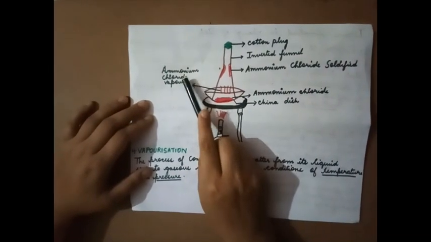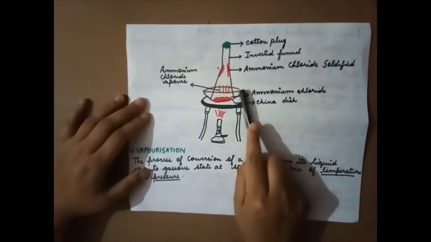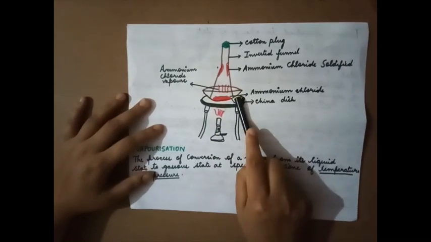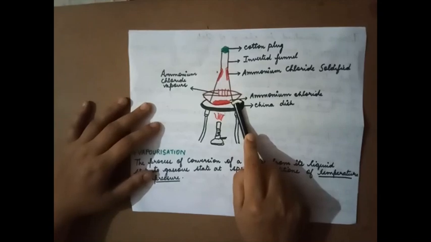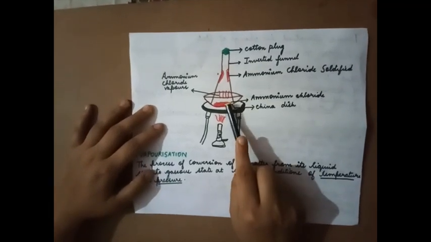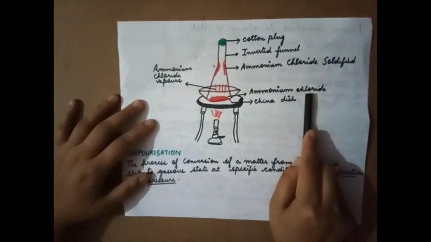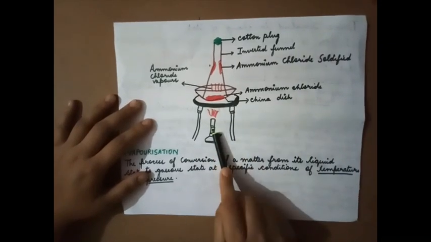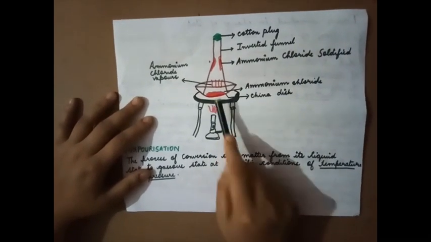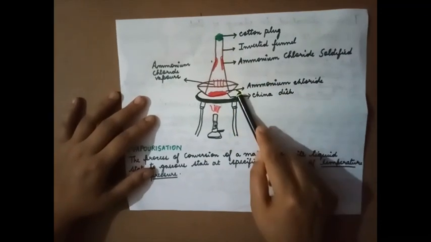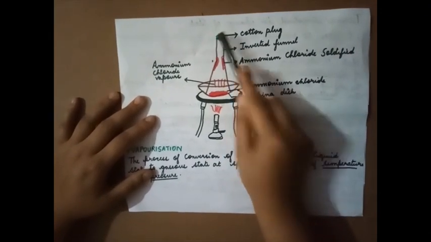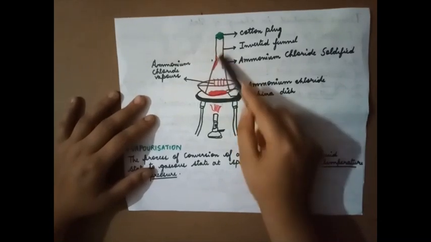We are taking ammonium chloride in a china dish. China dish is called so because it was invented by the Chinese people. In this we are placing a solid chemical, ammonium chloride, and this is a burner and we are supplying heat. And we are closing this inverted funnel with a cotton plug so that the vapors don't escape.